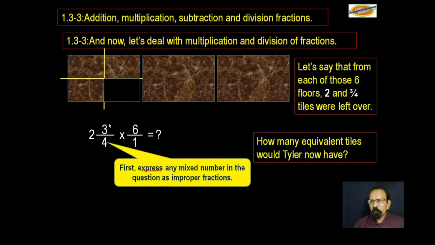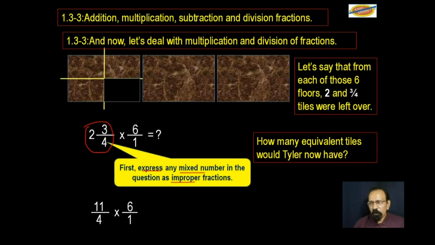First, express any mixed number in the question as an improper fraction. So 4 times 2 is 8, and 3 makes 11. So 11/4, that is the same as this. Multiply by 6/1. Now we will reduce any numerator with any denominator by using prime numbers.